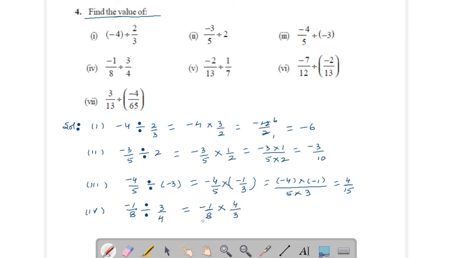Here you can simplify it. You can cancel the terms. Here 4 one ja and 4 two ja 8. This can be written as minus 1 into 1. It is minus 1 upon 2 into 3, 6. Your answer is minus 1 upon 6.